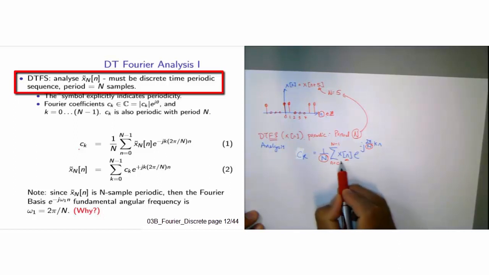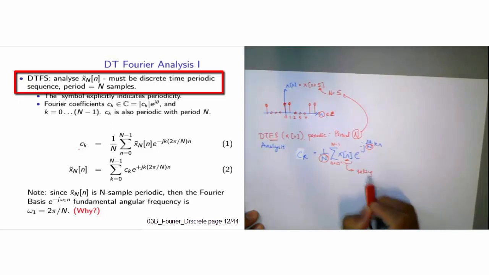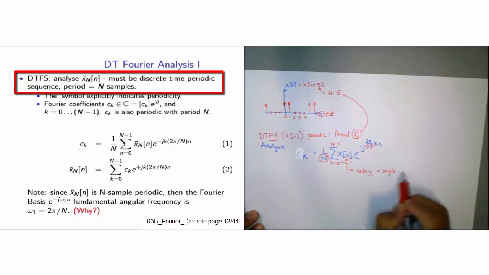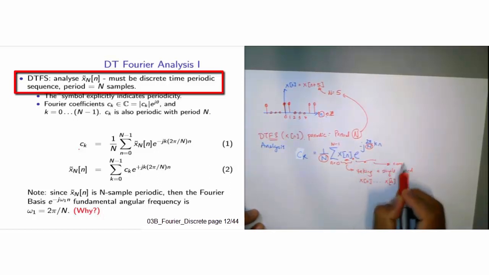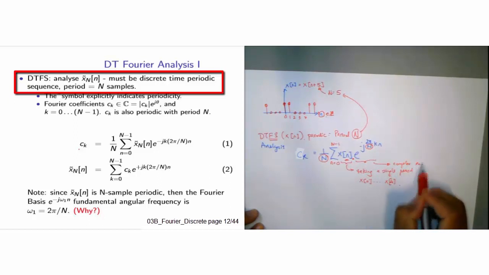I'm going to take the single period. So if you look at this equation, taking a single period, x0 to x4, I'm going to multiply with a complex exponential of some frequency.